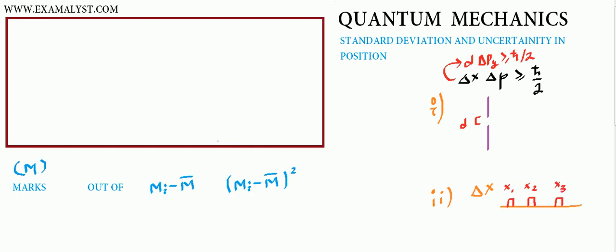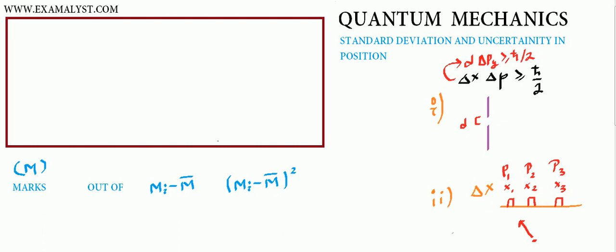Now you know with what probability the electron hits each detector. The probability of getting an electron at the x1 detector is p1, at the x2 detector is p2, and at the x3 detector is p3.